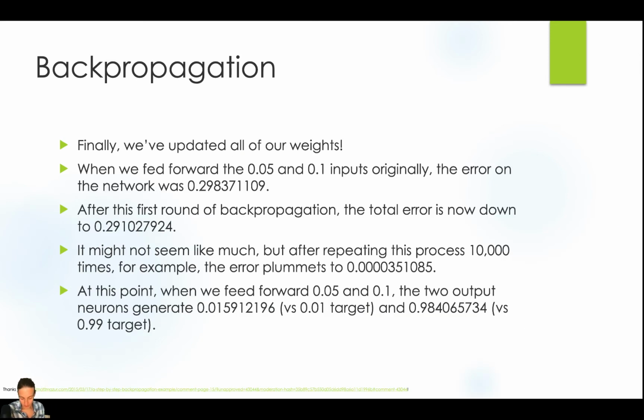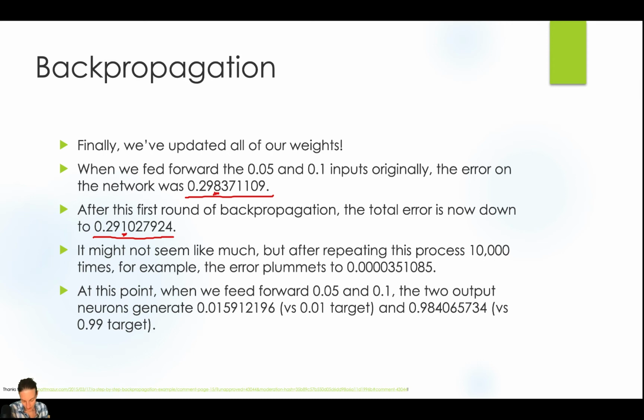All right, so finally we've updated all of the weights. When we feed forward the 0.05 and 0.1 inputs, originally the error in the network was 0.29, which we calculated. After a first round of backpropagation, if you change all the weights to the new weights that we calculated, you'll find this error, which is slightly less, as you see.